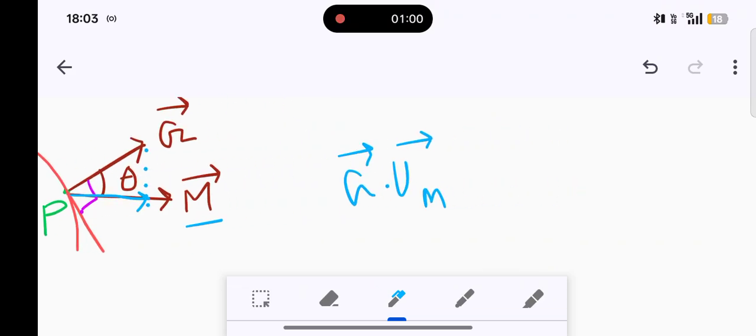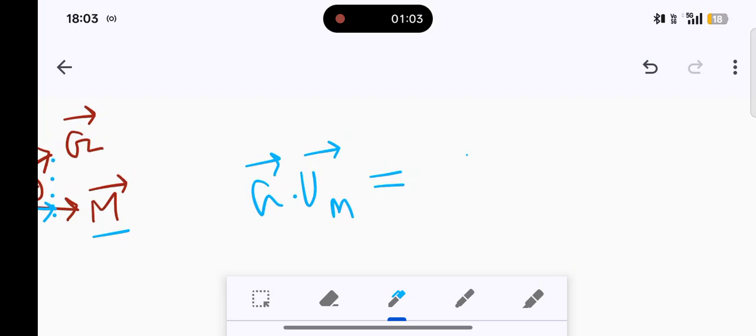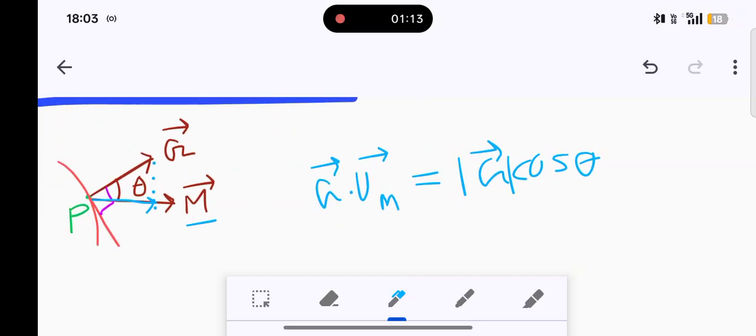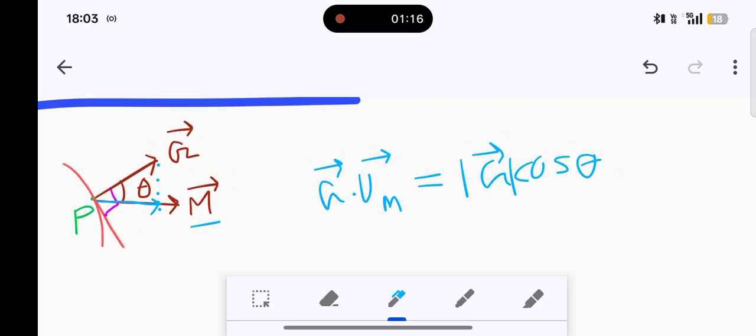We will get something like mod of g cos theta. It's very easy to understand, right? So this is the directional derivative.